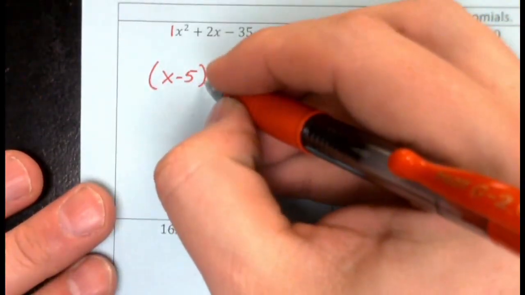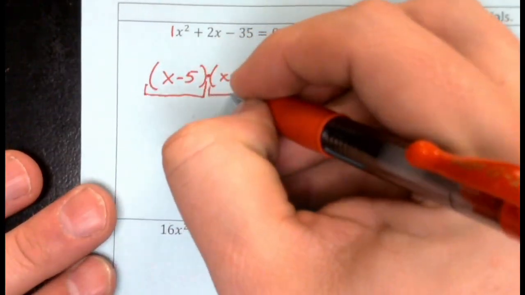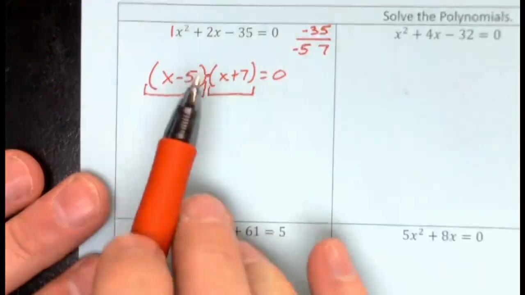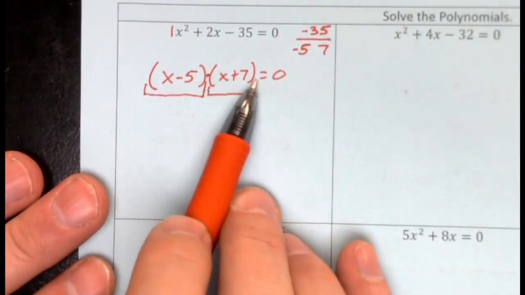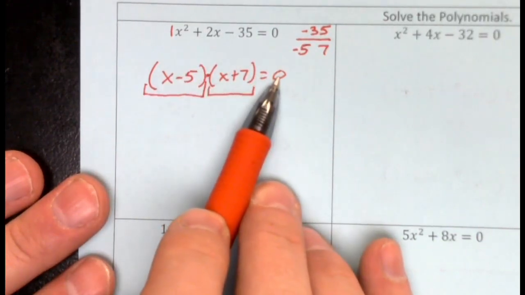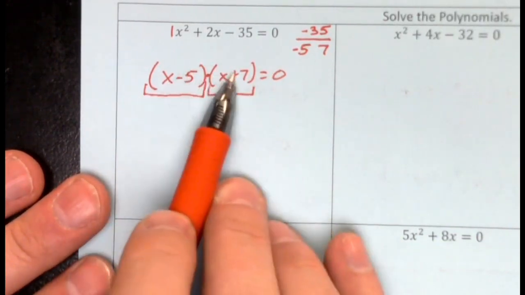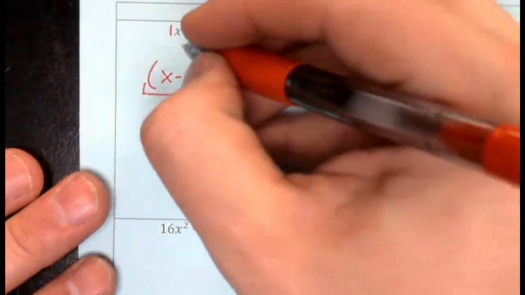So the zero product property says when two things, in this case, this entire binomial is multiplying this entire binomial, and the answer is 0, then one of these somethings has to end up being equal to 0 for it all to work out.